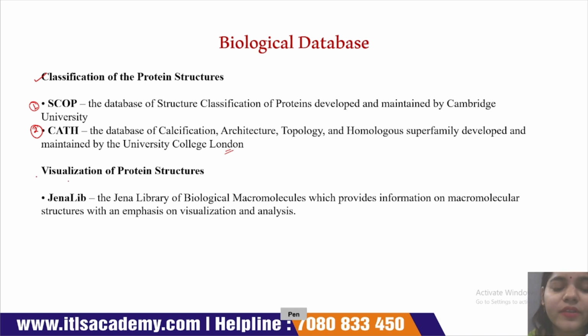Next, we discuss the visualization of protein sequence structure. First is a GenLib. GenLib, the GEN library of biological macromolecules, which provides the information on macromolecule structure with an emphasis on visualization and analysis.